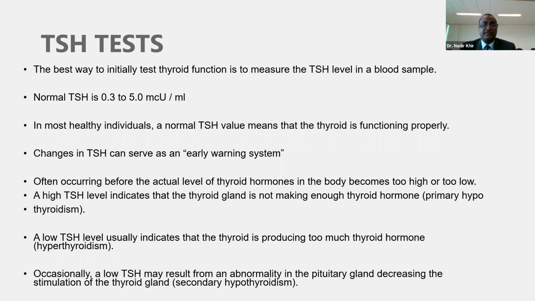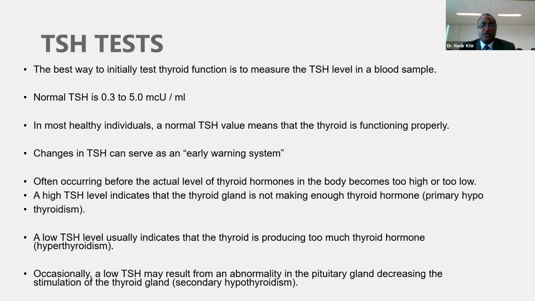And a high TSH level indicates that the thyroid gland is what? Is not making enough thyroid hormone. And this is hypothyroidism. And the opposite, a low TSH usually indicates that the thyroid is producing too much thyroid hormone, and this is hyperthyroidism.